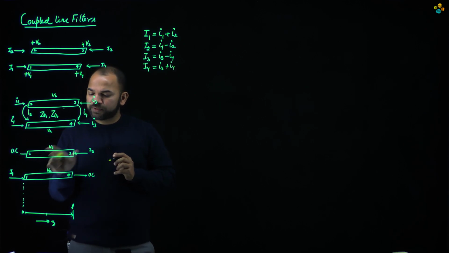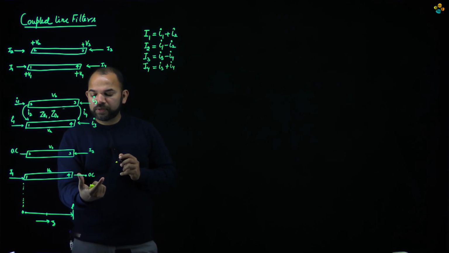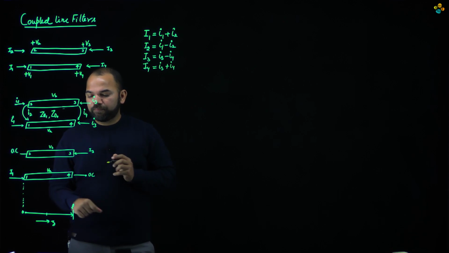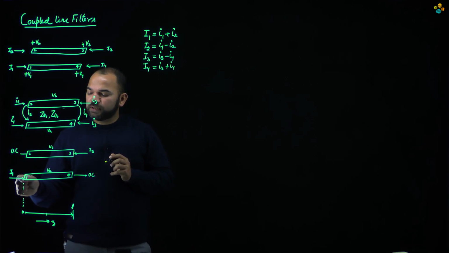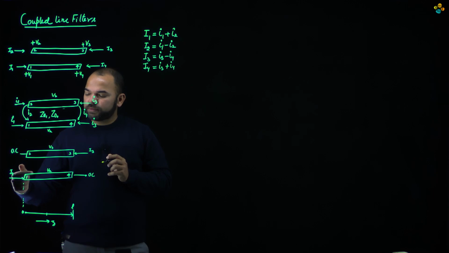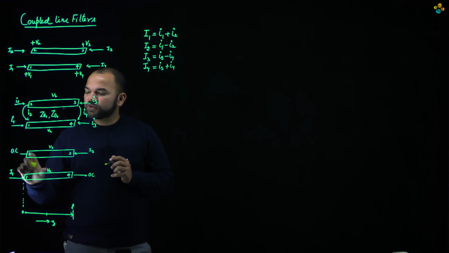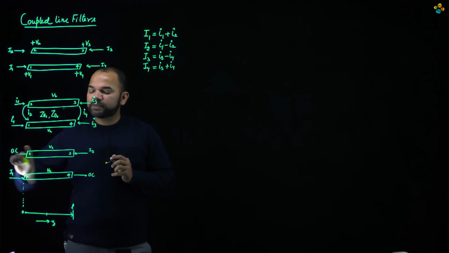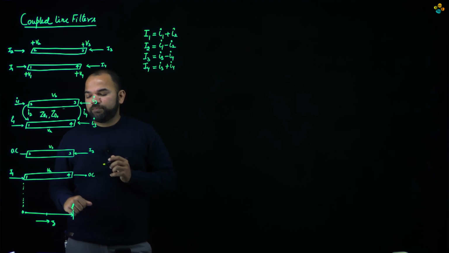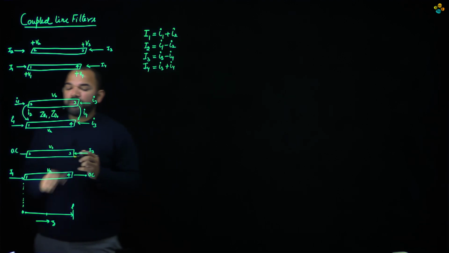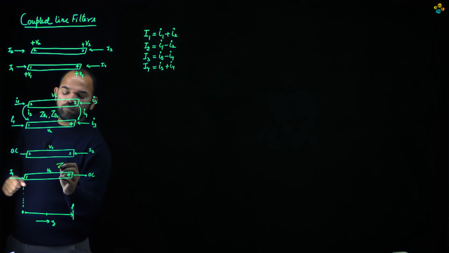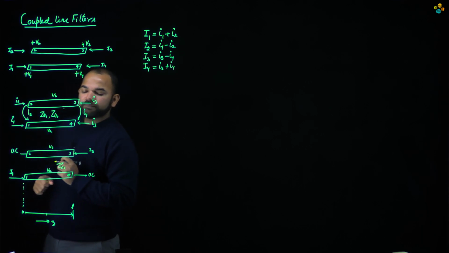Now it's very important to know about the special configuration. We are working in this configuration where this terminal is open circuited, and we would like to see the input impedance of this transmission line while it is open circuited and the whole system is excited in an even mode. The characteristic impedance for that case for this line is Z even.